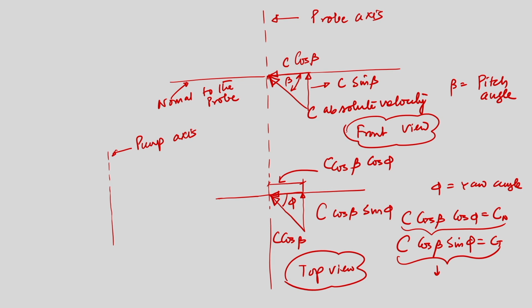The static and stagnation pressures are obtained using the probe coefficients, the total pressure coefficient, stagnation pressure coefficient, and the static pressure coefficient. Now, this is the pump axis or reference direction, I can say the horizontal axis.